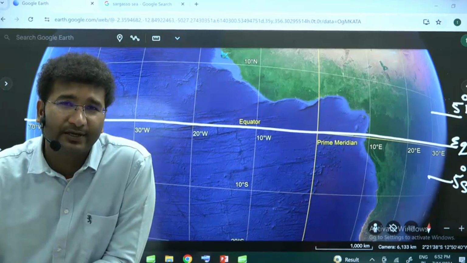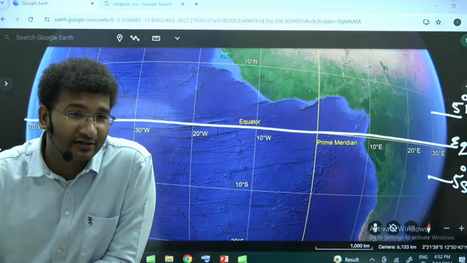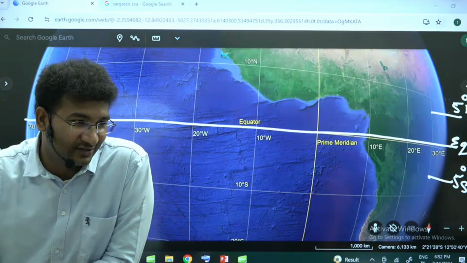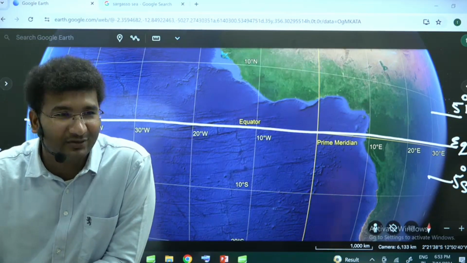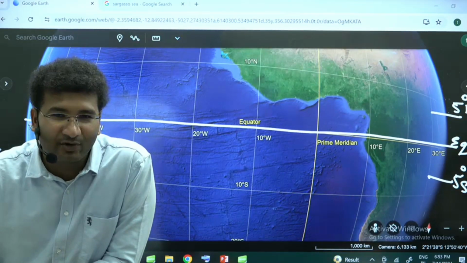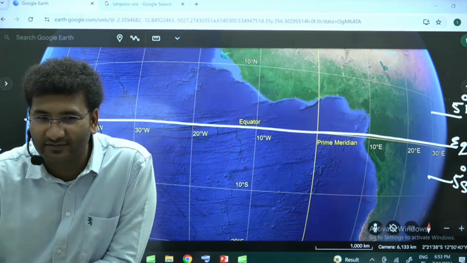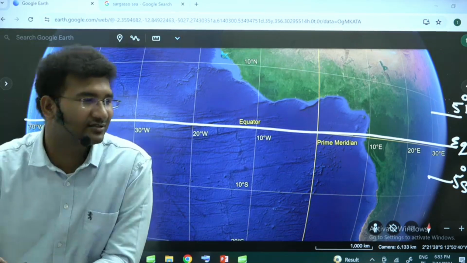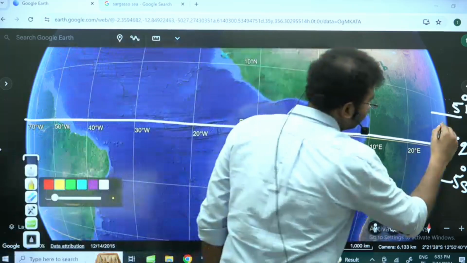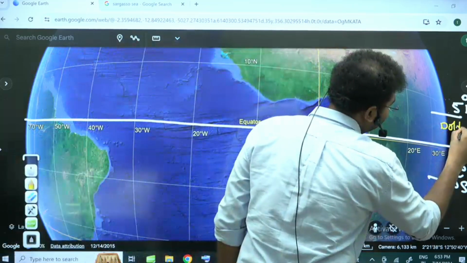Easterlies are present between 5 degrees north to 30 degrees north, 5 degrees south to 30 degrees south. But what about 0 to 5 north and 0 to 5 south? That is called the doldrum area. Now this is a doldrum.